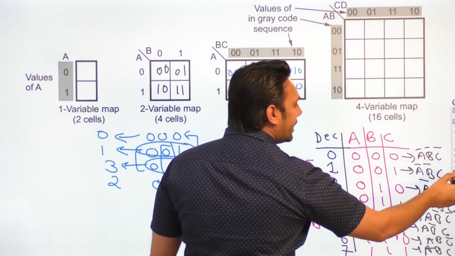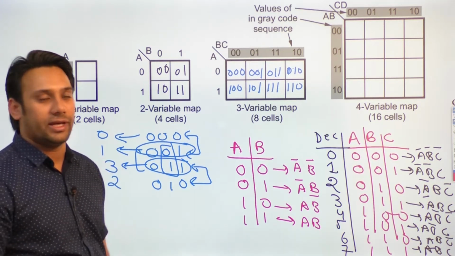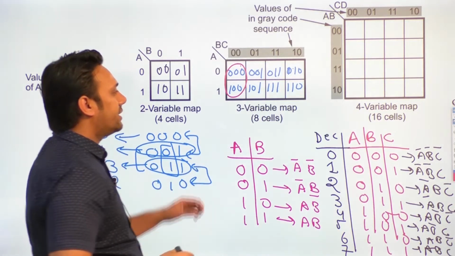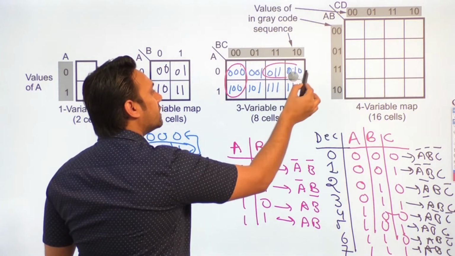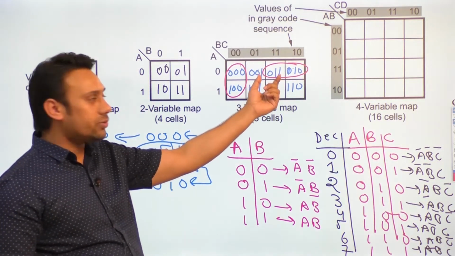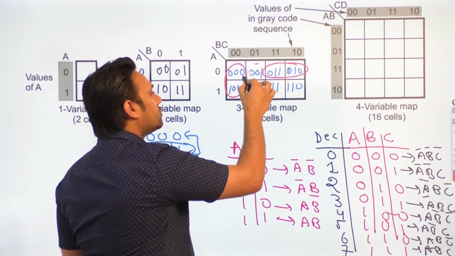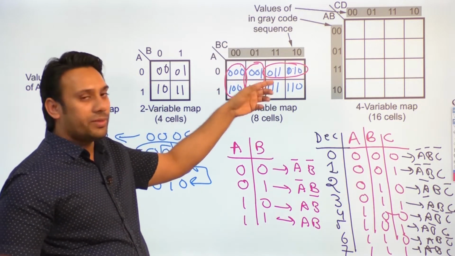If you take any two adjacent cells, take any two random adjacent cells, maybe I'm taking these two cells, there is a change of only one bit. Even if I try to take these two cells, still there's a change of only one bit, that is, in rows and in columns.